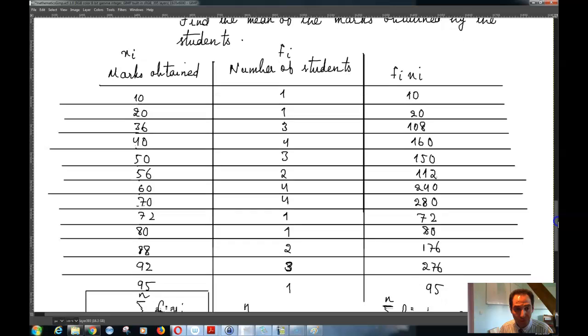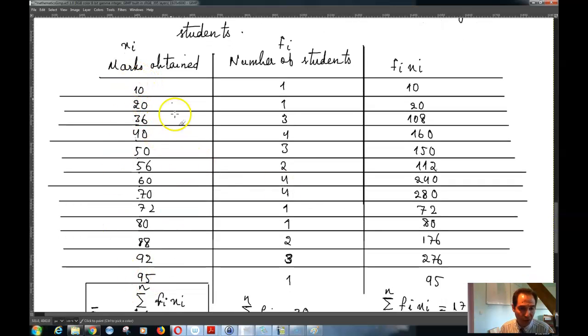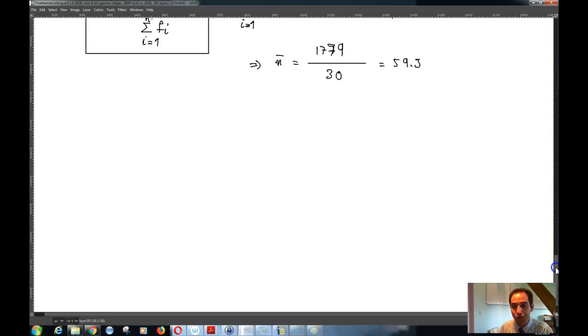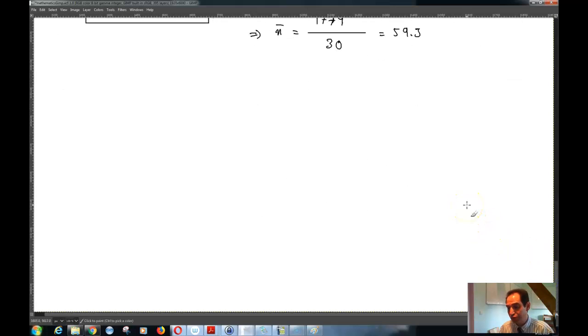Suppose that you have, for example, 50, 100, 150, 200 or even more distinct observations and their respective frequencies. Then your table would have 50, 100, 150 rows like this, and it would simply be impossible to find the mean using this formula, meaning that it would not be practical.